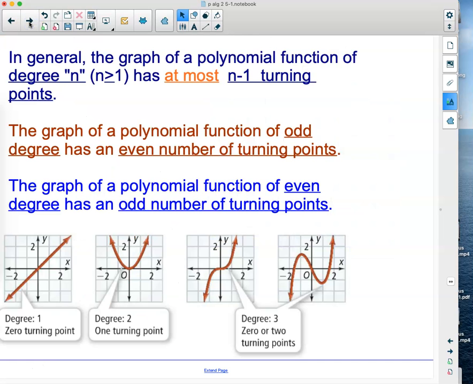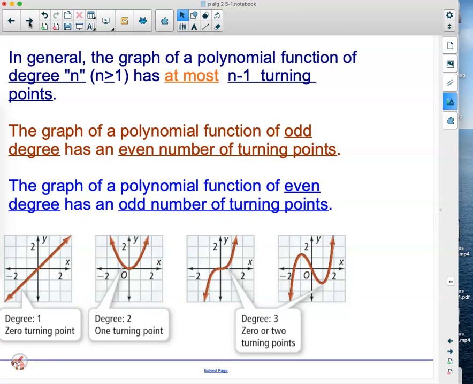All right, so what about all those little lumpy bumpy spots, those turning points? Should we have any idea how many of those are supposed to happen? It turns out, yes, again, by the degree, we can tell that. So in general, the graph of a polynomial function of degree n, where n is greater than or equal to 1, so it's at least a line, has at most n minus 1 turning points.